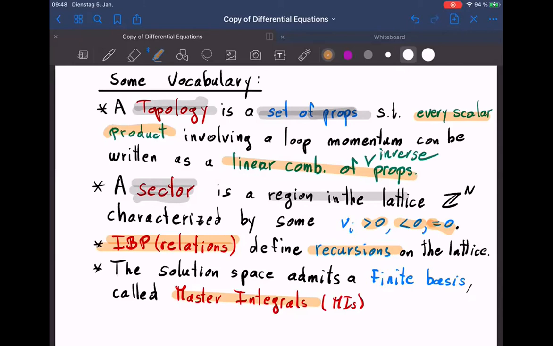It just means that when you read in a paper that the master integrals are this and this, I made a choice of basis which consists of this and this. It does not mean that a master integral is anything mysterious or better. What you call master integrals is just your choice of basis for a vector space. You could have made another choice.